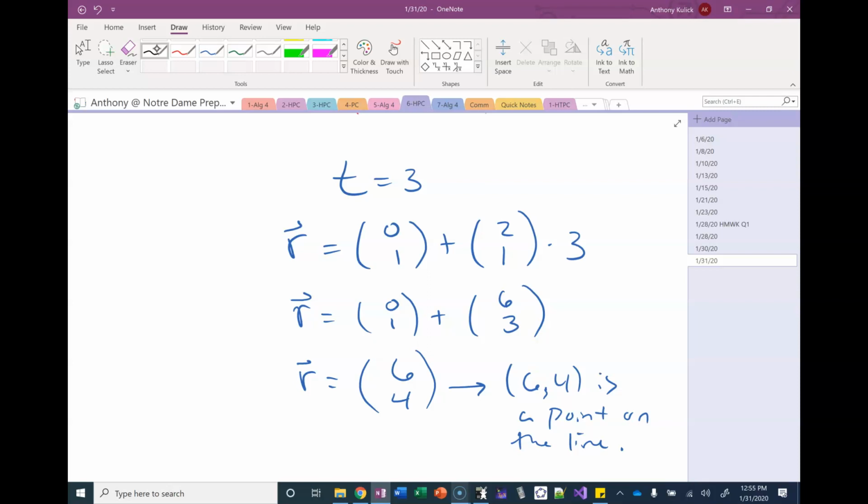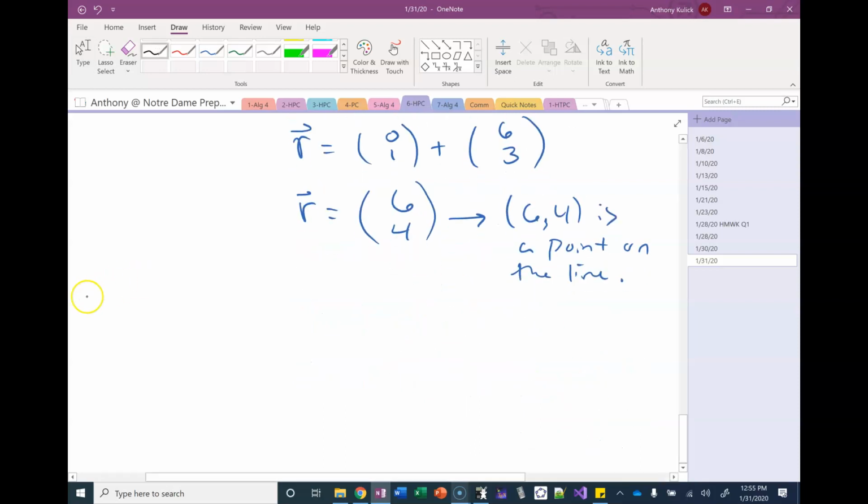Everybody feel okay there? That's pretty easy, right? We're just doing the vector version of these things from Algebra 1. Let's look at another example.